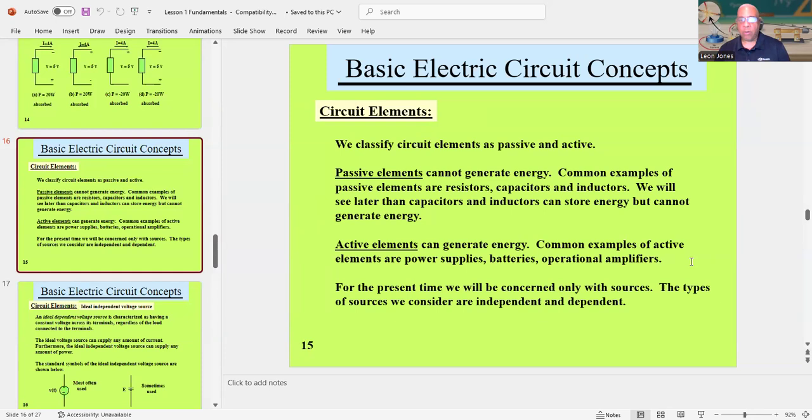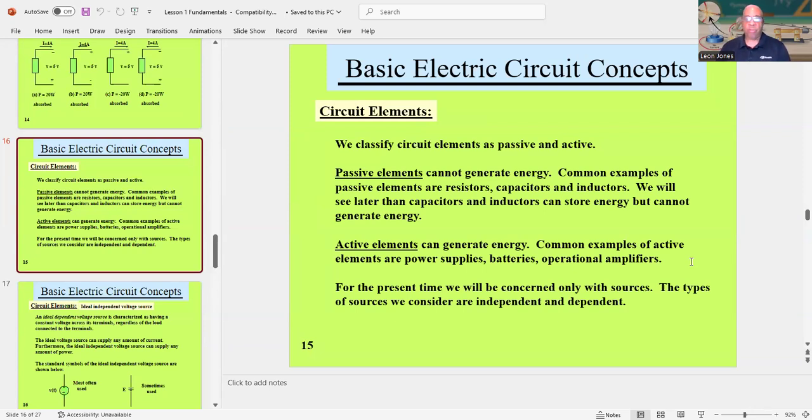We will see later how capacitors and inductors can store energy but cannot generate energy. Active elements can generate energy. Common examples of active elements are power supplies, such as batteries and operational amplifiers. Of course, your oscilloscope as well.